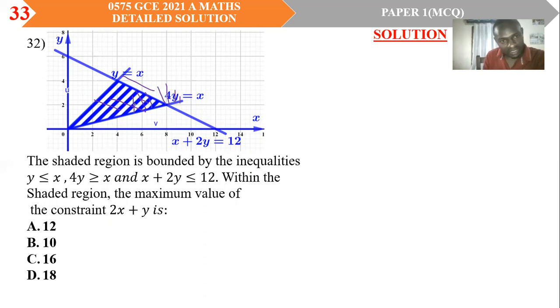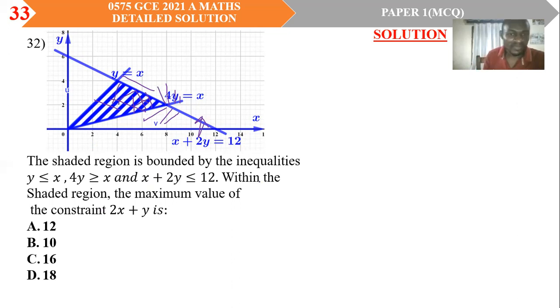Next, we have 2x plus 2y is less than or equal to 12. Now, this is the line x plus 2y equal to 12. We have x plus 2y less than or equal to 12, meaning that we are shading below this line.